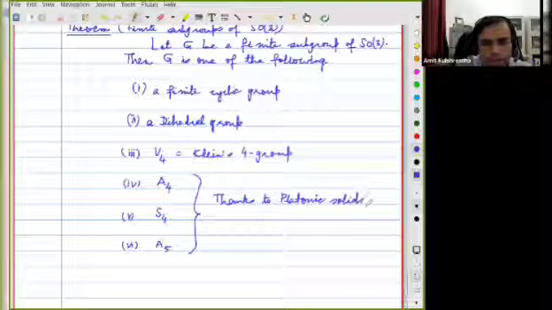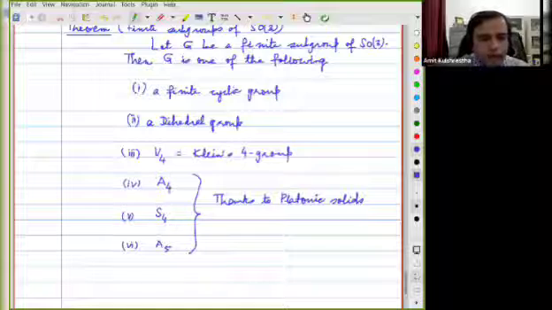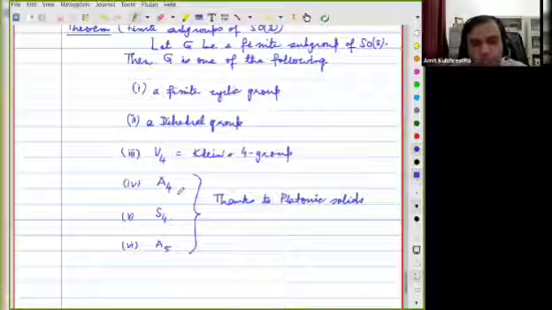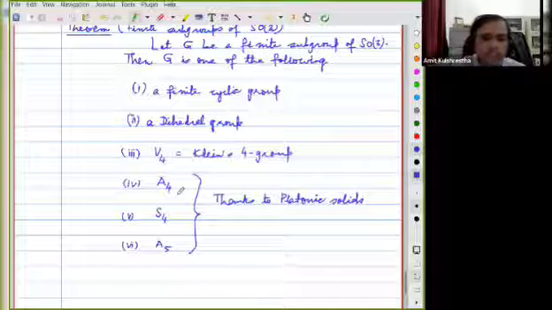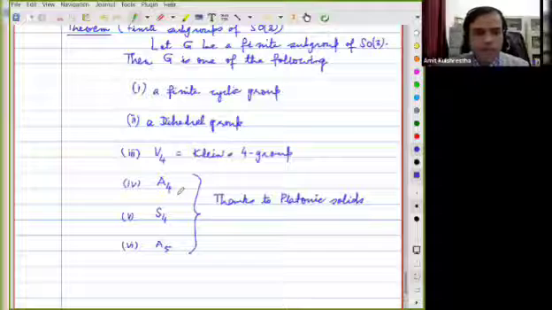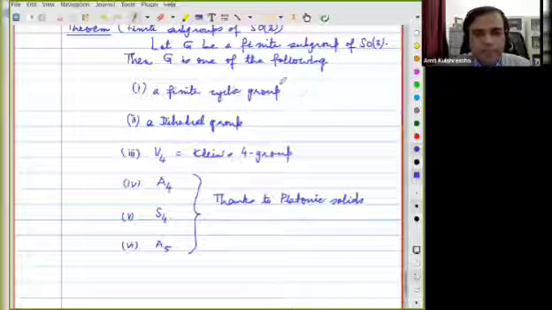So why should these be subgroups of SO3? Because all these have elements which can be thought of as rotations for suitable pictures, for suitable objects which are inscribable inside a sphere. So these will be subgroups of SO3, and these two will be there.